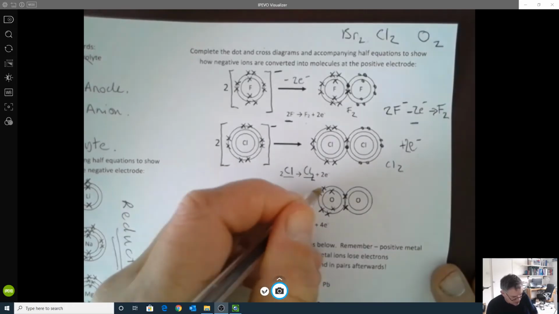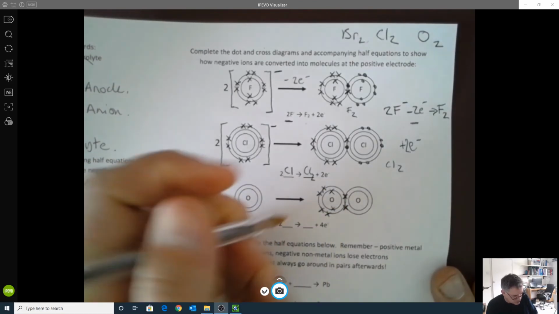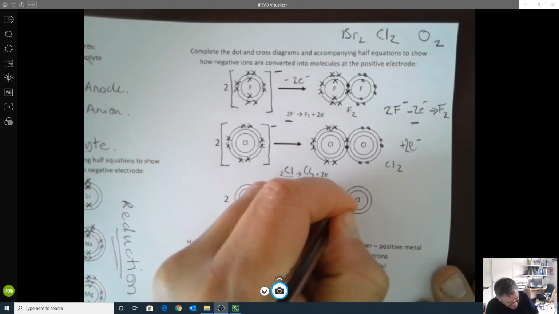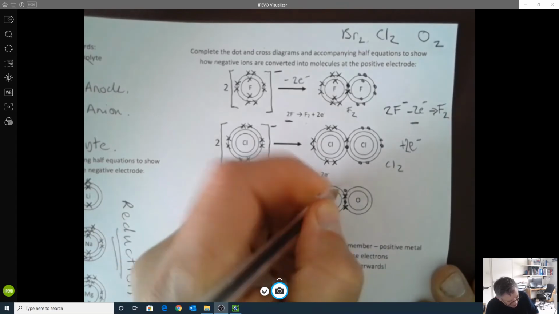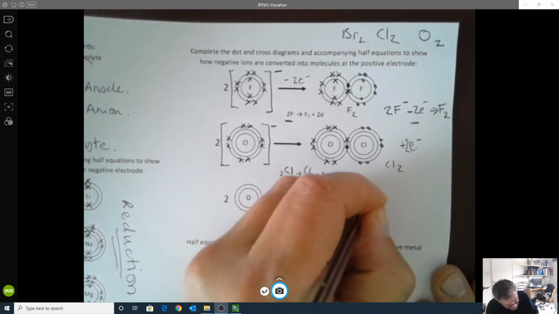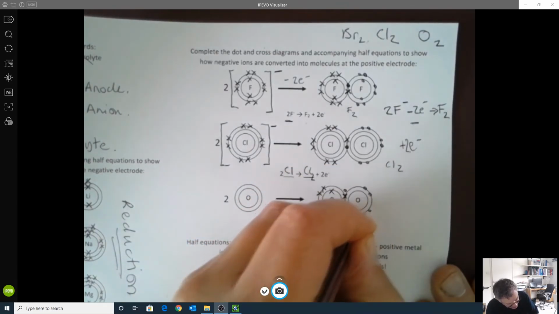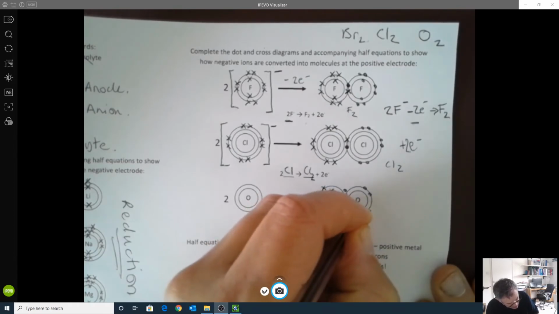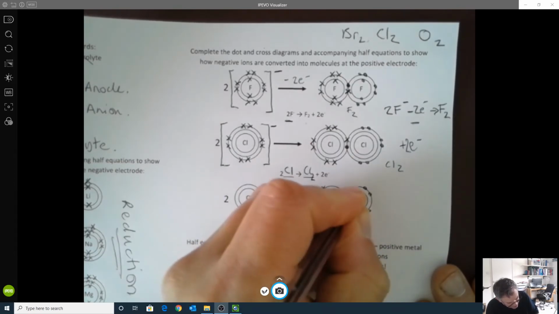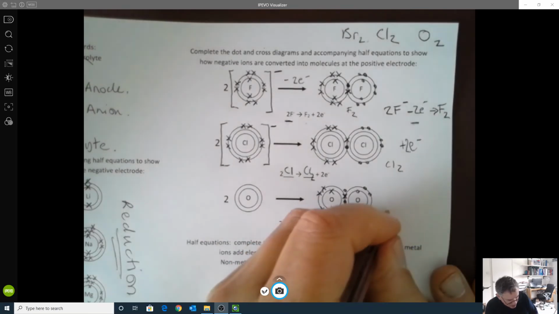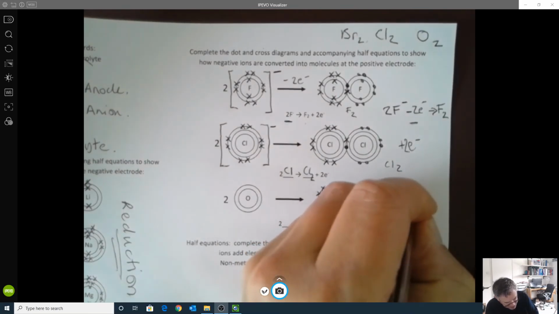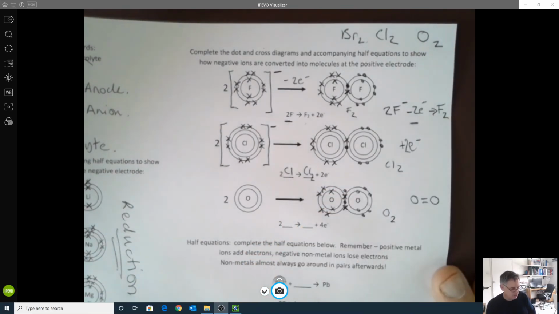So that's my 8 electrons for one oxygen. If I draw the 8 electrons for the other oxygen, it's 6 in the outer shell and 2 there. So that's my O2, and that's O double bond O.